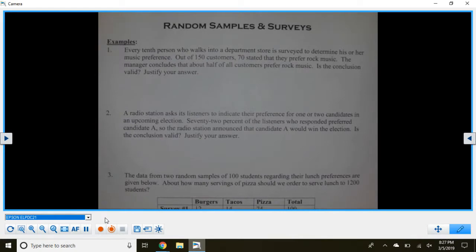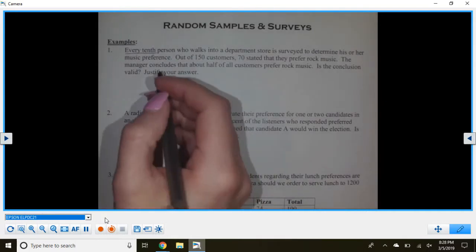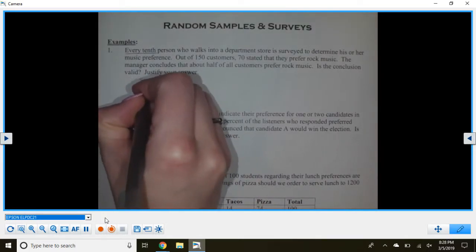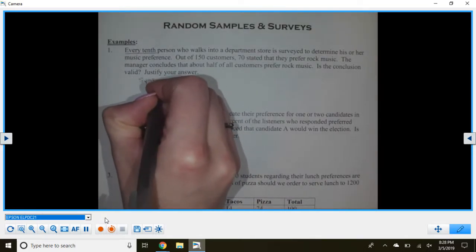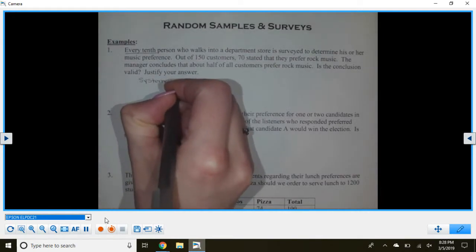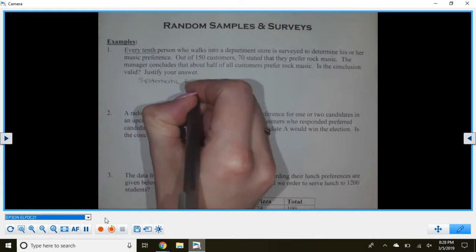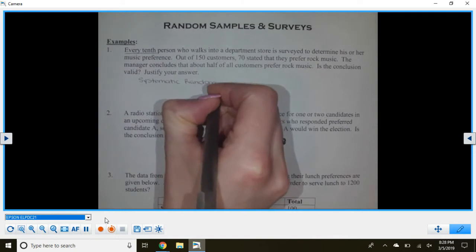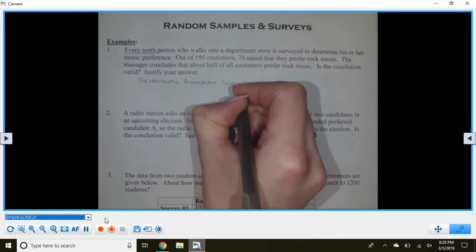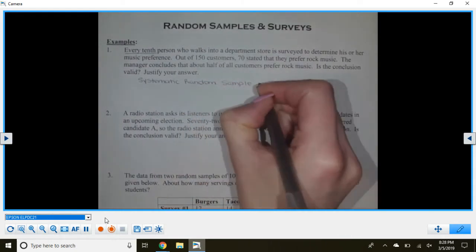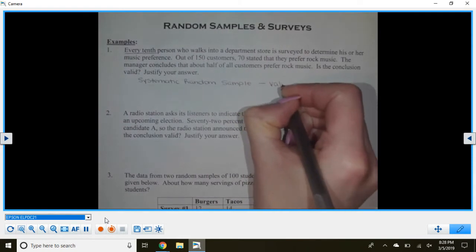So the first thing we want to do is determine whether this is biased or unbiased. Since the person doing the survey asked every 10th person walking into the department store, this is considered a systematic random sample, which is in fact valid.